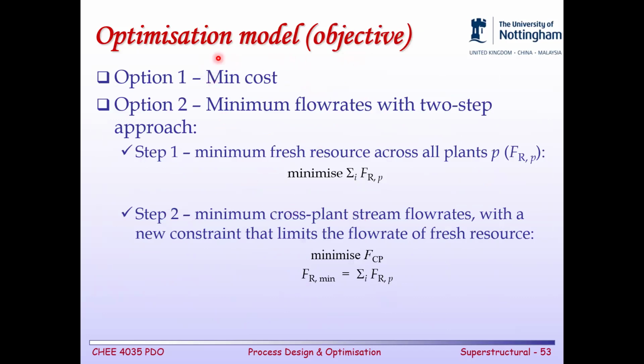These are the objectives that you can do. You can minimize the cost or minimize the flow rates using the two-step approach, by first minimizing the fresh resource water across all plants, and then getting that data and minimizing the cross plant stream flow rates.